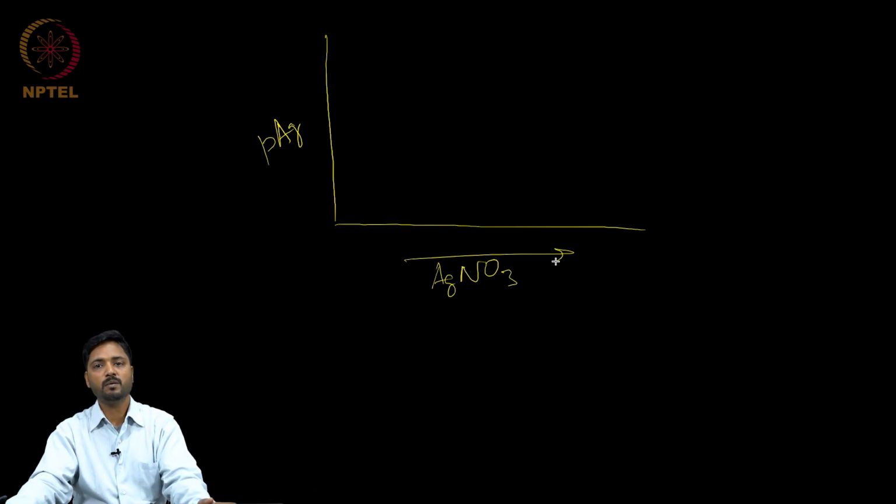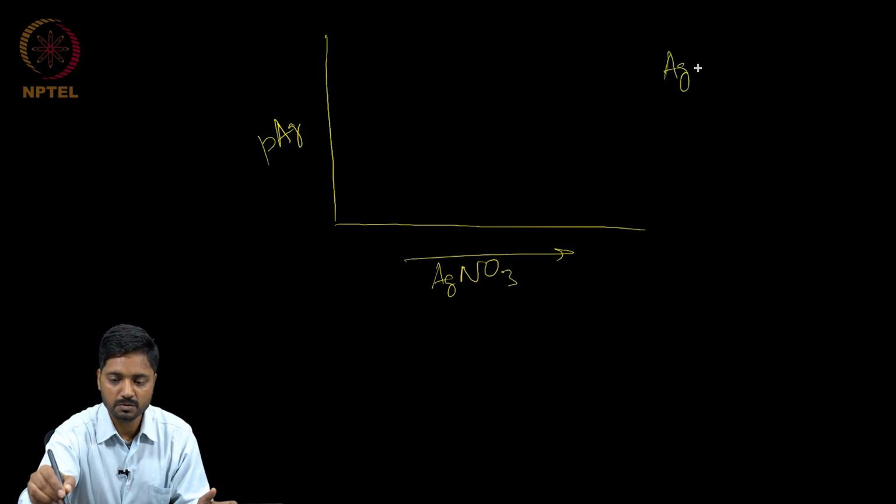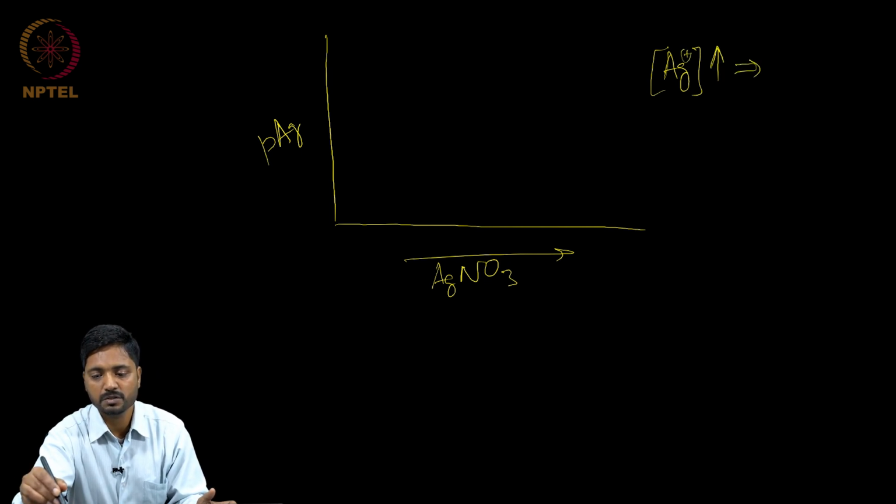And since it is a pAg value, the value will decrease as the silver concentration increases. So, this has to be written carefully. As the silver ion concentration increases in the medium, the pAg value decreases.